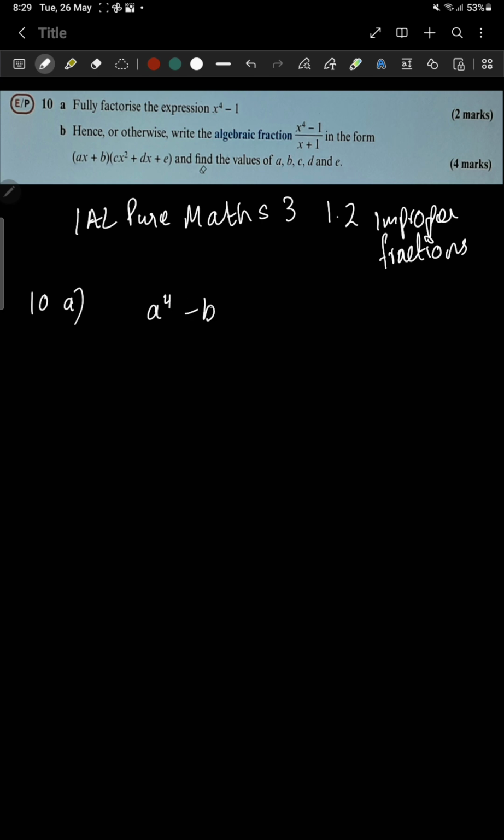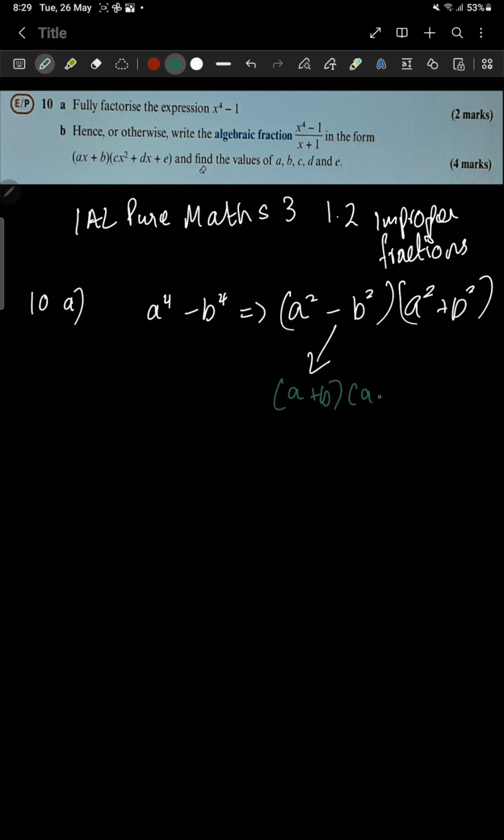Whenever it is a difference of squares, it can be written as a squared minus b squared, which can be further written as a plus b times a minus b.